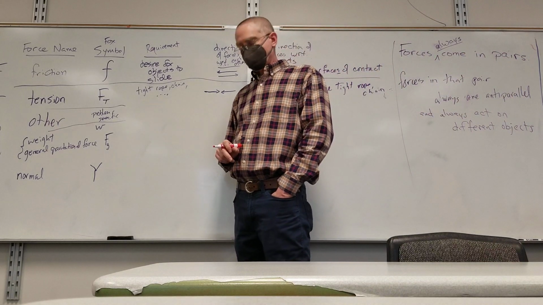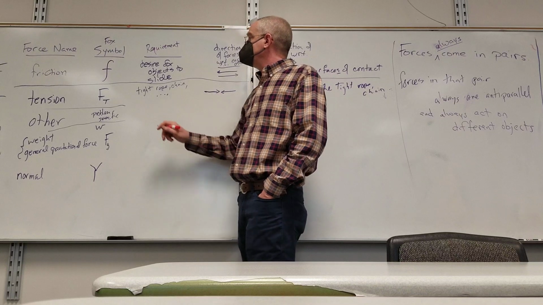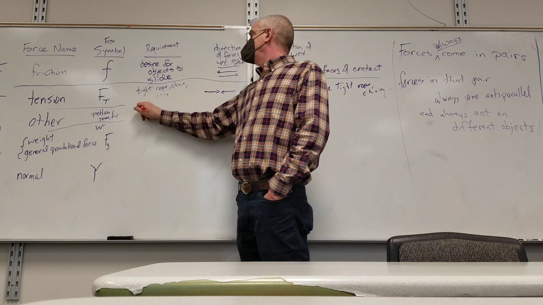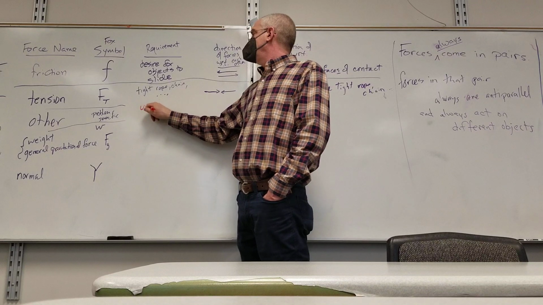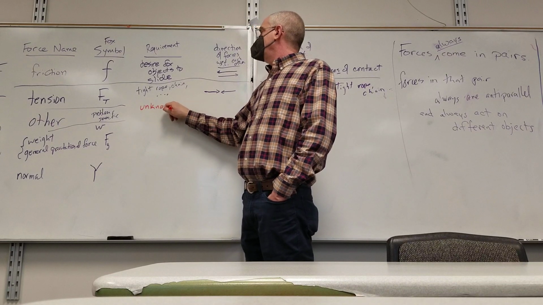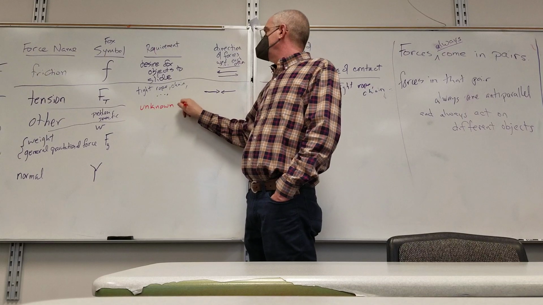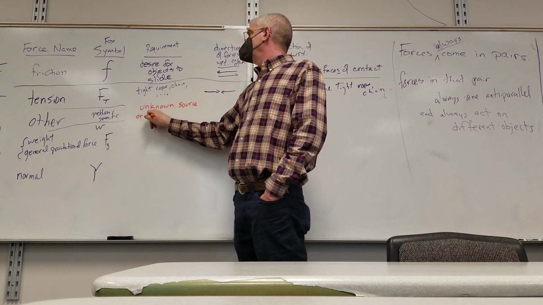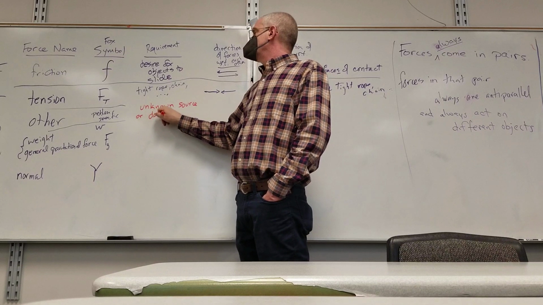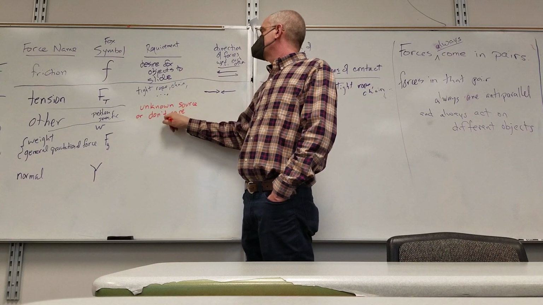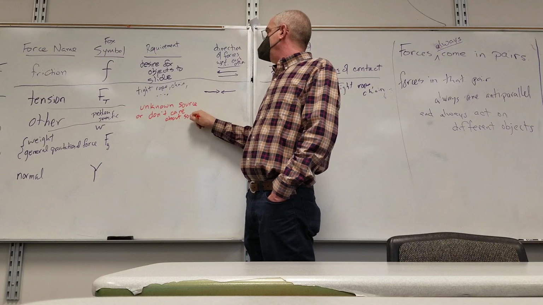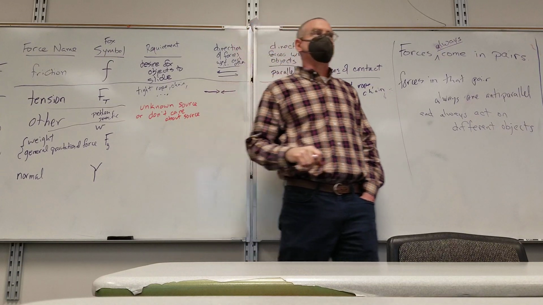Other, the requirement for other is unknown source or don't care about source. And when I say don't care about the source, this is not your own personal preference in physics.